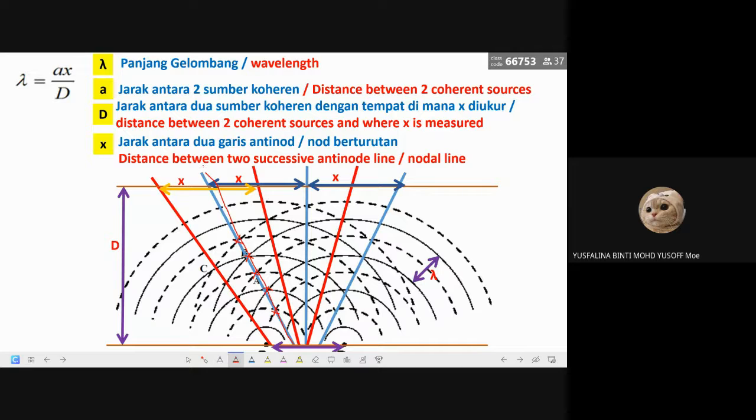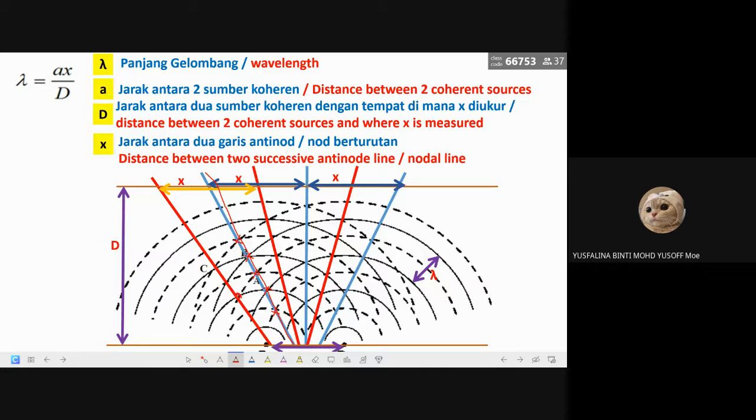How about the nodal line? What is a nodal line? A nodal line is where I connect all the destructive interference points. After it becomes one straight line, I call that line a nodal line. A nodal line is for the destructive interference. Let's take the red one as an example.